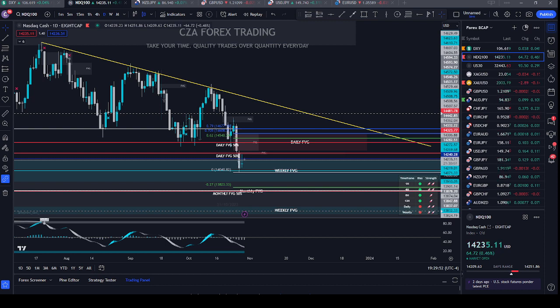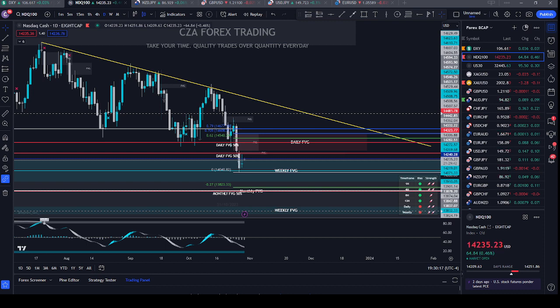You're just identifying points of interest and not giving signals here. But you yourself, do you expect to wait for it to reject off of that fair value gap there on the daily, or would you be looking to play that out in that potential move up? So what I'm looking for right now, because we have to go with the saying, trend is your friend.